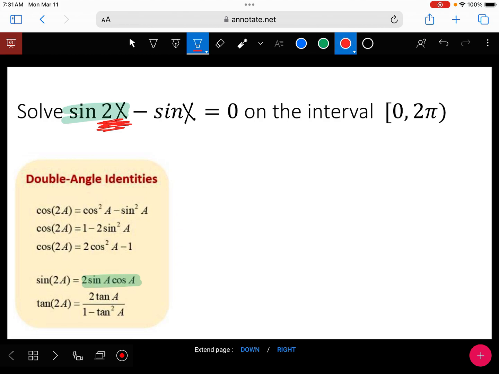Okay, so when I do my substitution, I have 2 sine x cosine x.